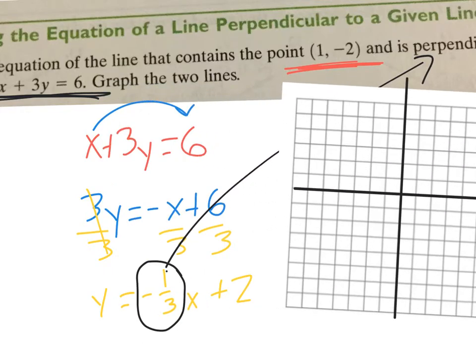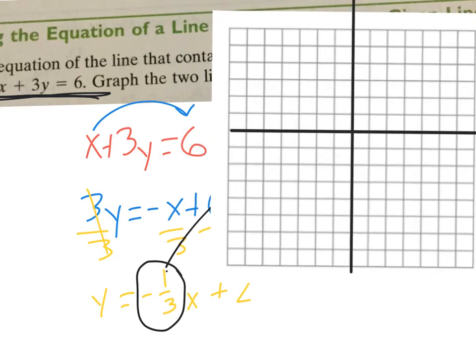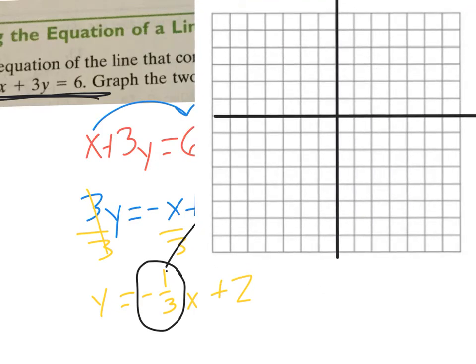Okay, then the last step here, I need to graph both of these lines. So I'm going to first graph this yellow line, the line that's perpendicular to the line I just found. We see that the y-intercept of that line is 2. So I plot my y-intercept at 2. And the slope is negative 1/3, which means I go down 1, to the right 3.